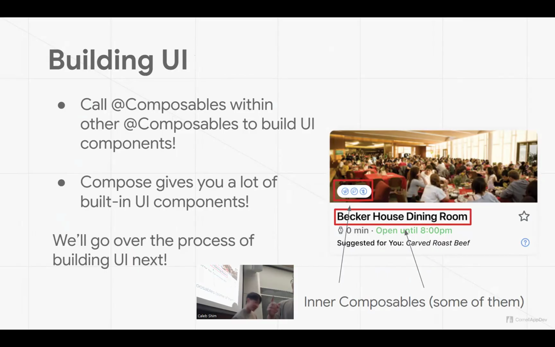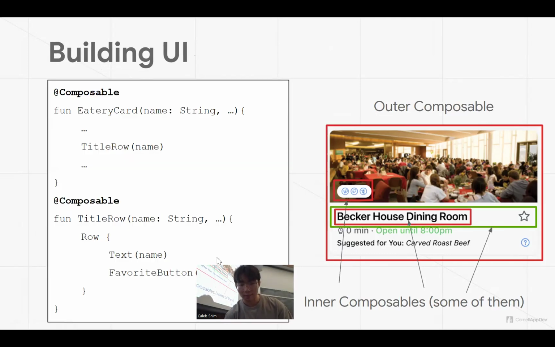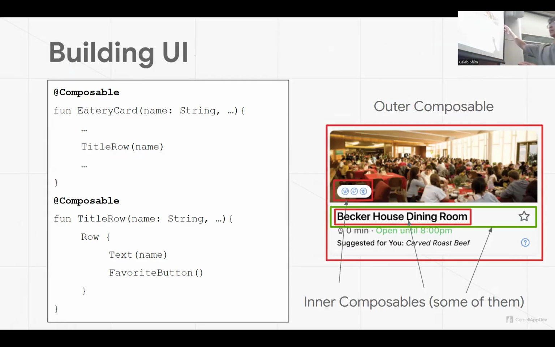Yeah, thank you. So right here, the inside red rectangles represent example components, and the outside one is the overall component. Here, as you can see, the green rectangle represents what we'll just call title row.